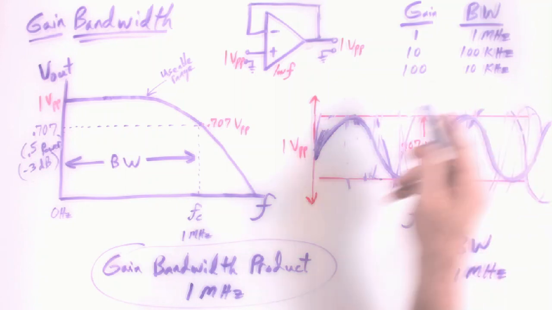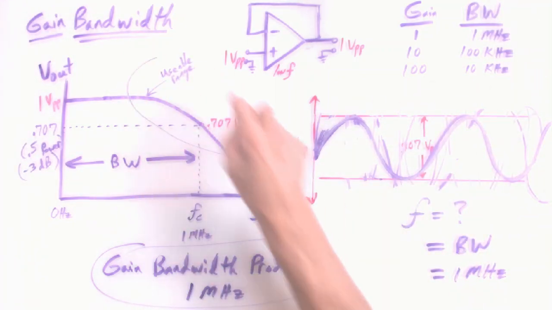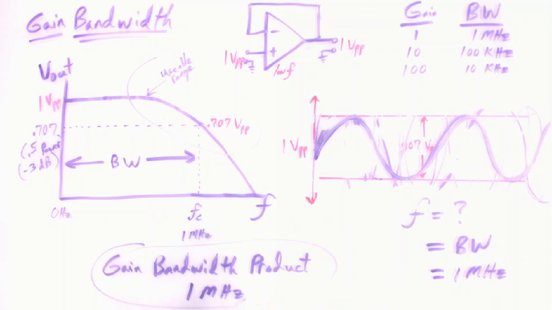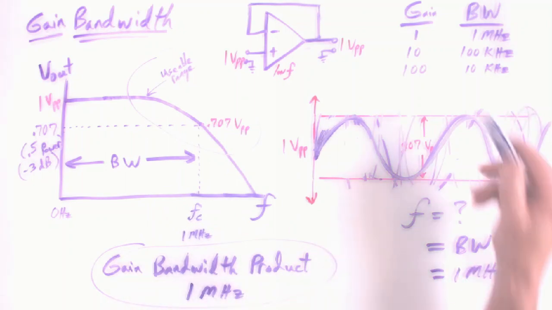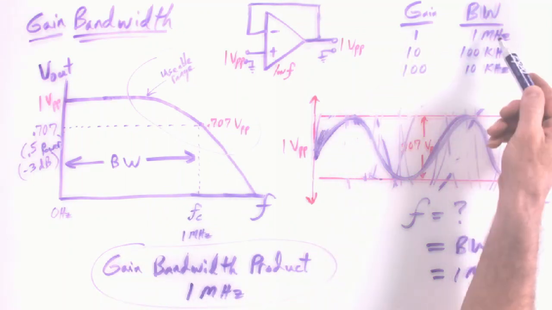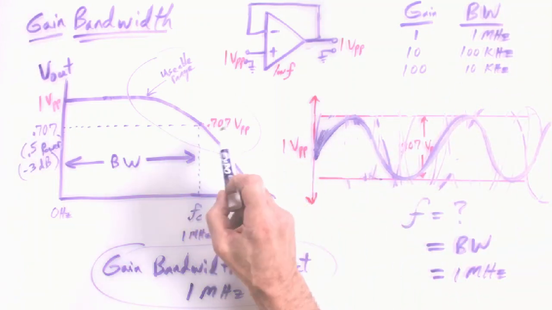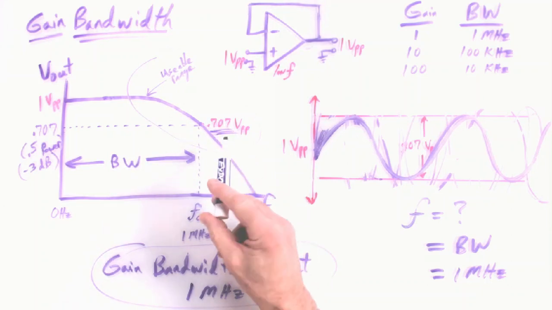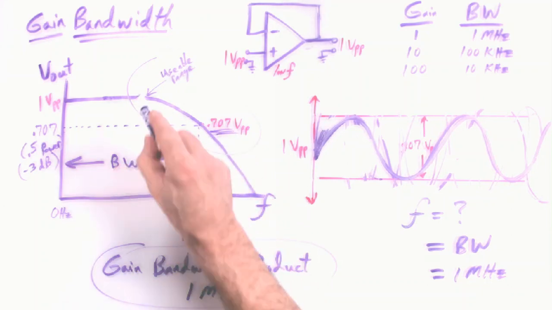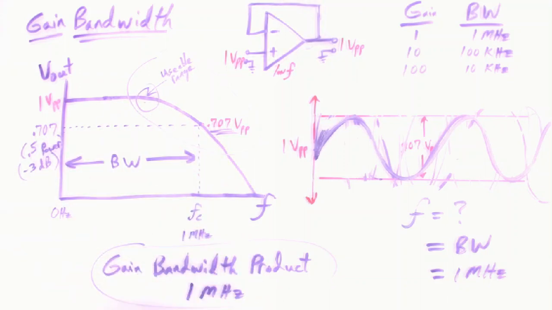Again, we have to go back to this whole thing here. That gain bandwidth product specifies that if you have a gain of 1, you can go to 1 megahertz and have a drop of 0.707 at 1 megahertz. So that might not be okay.